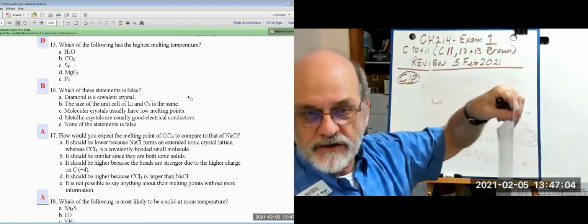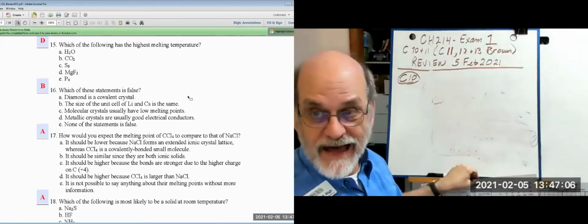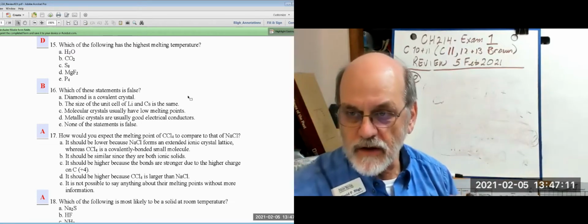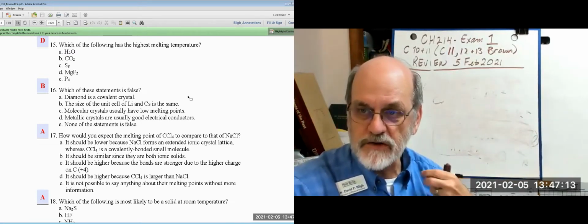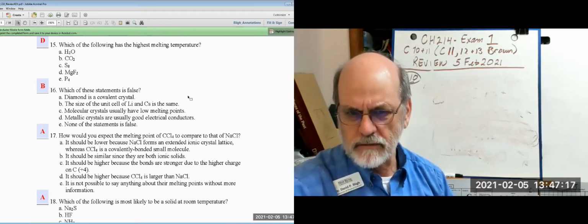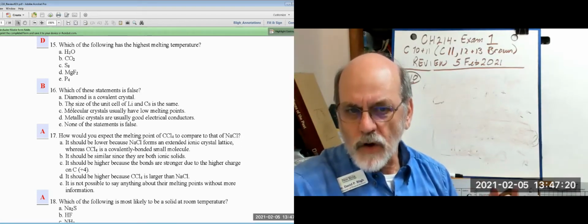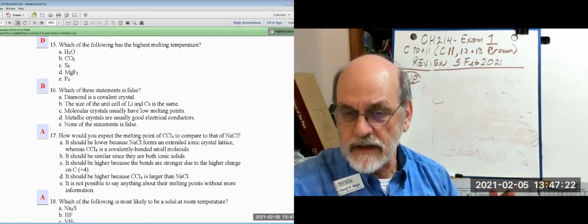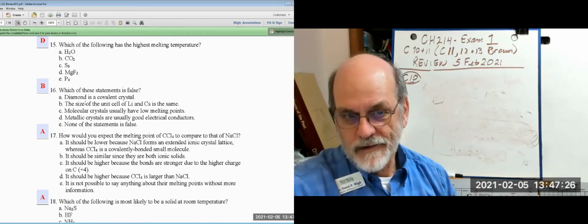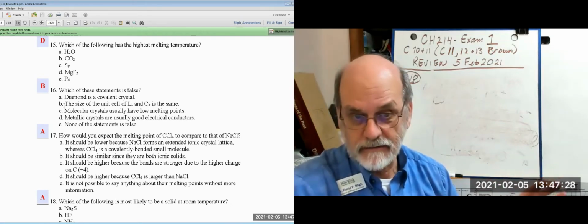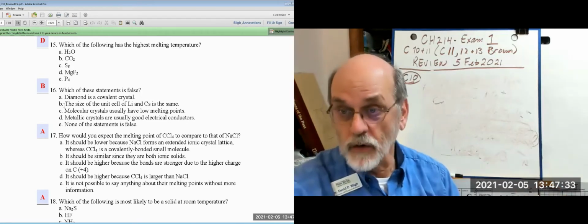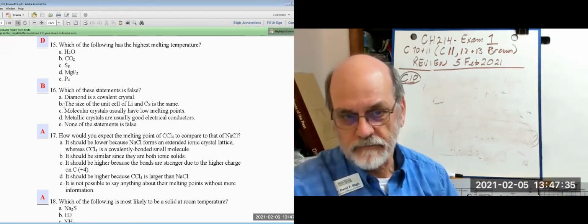But if you put them into a pure crystal lattice, the size of the unit cell cannot be the same because cesium is a much, much bigger atom. It's huge. So the unit cell would have to be smaller for lithium than for cesium. So B is false, definitely. And that may be the only one, which would make it the answer.